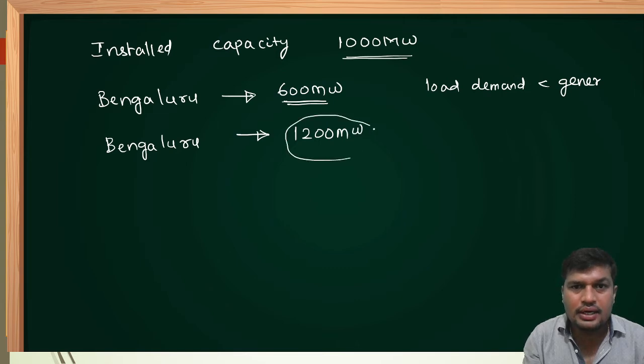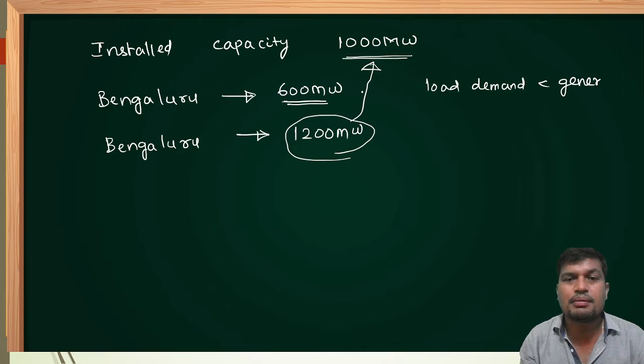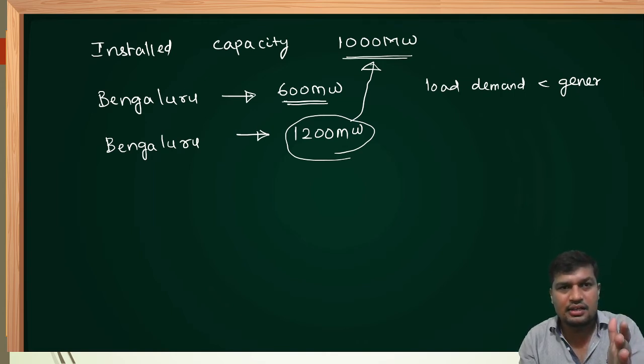Right now load demand is more than generation capacity, the installed capacity of the thermal plant. At the time, I cannot increase installed capacity of the thermal plant because I fixed that plant to work always for 1000 megawatts. That is the maximum installed capacity. I can't go beyond 1000 megawatts.